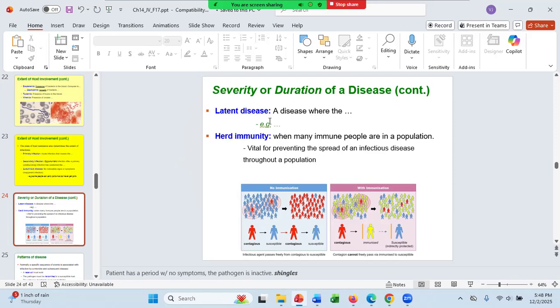When they're currently in the latent disease, they are not contagious, they have no signs or symptoms, and the pathogen is actually inactive. A good example of that is the child gets the chickenpox and then the disease goes latent.